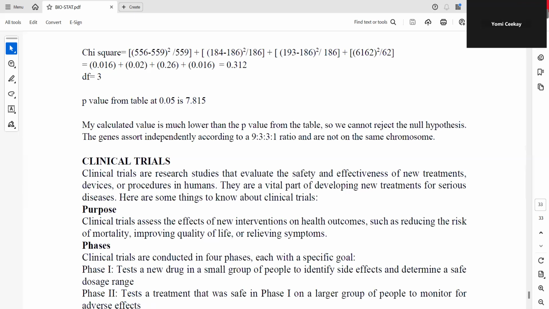Hence, here are some things we need to know about clinical trials. One, what is the purpose of a clinical trial? Clinical trials assess the effects of new interventions on health outcomes, such as reducing the risk of mortality, improving quality of life, and relieving symptoms.